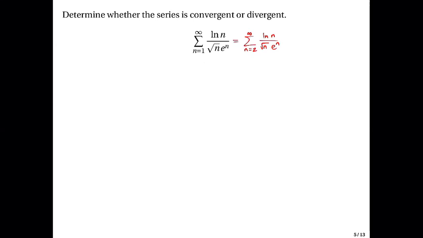Now, how do we do this? So we have some logarithmic in the numerator, and then we have the square root on the denominator, square root of n, and then we have e to the n. So comparing dito sa tatlo na to, ang pinakamabilis ay yung e to the n.